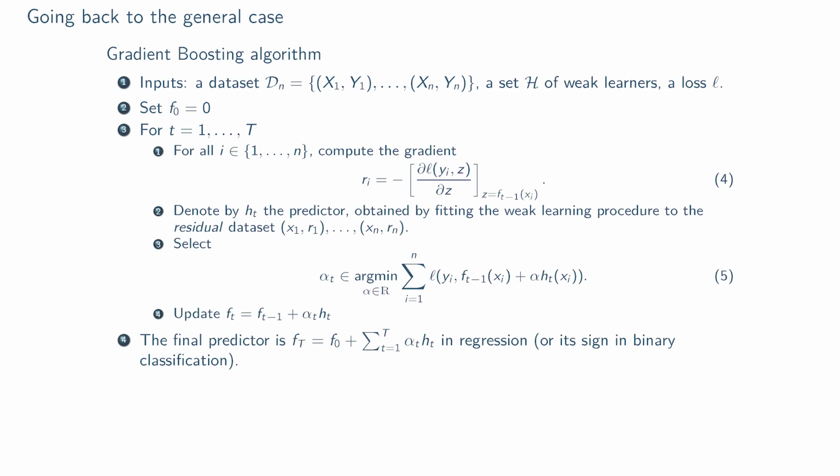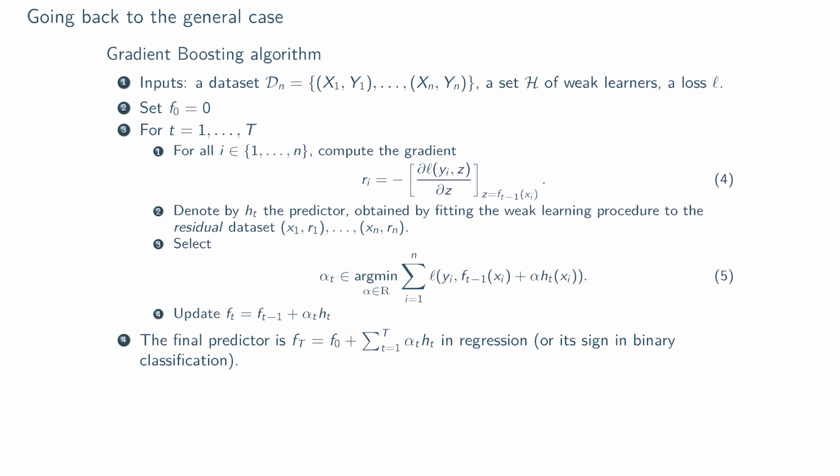We then train a predictor on the dataset consisting of the xi as input and the Ri as output. The inputs are the same as in the initial set, but the outputs are replaced by the negative derivatives Ri. In this way, we learn a predictor ht that approximates the Ri, which was our goal. We have thus made successive approximations to solve an exact optimization problem using a learning algorithm.